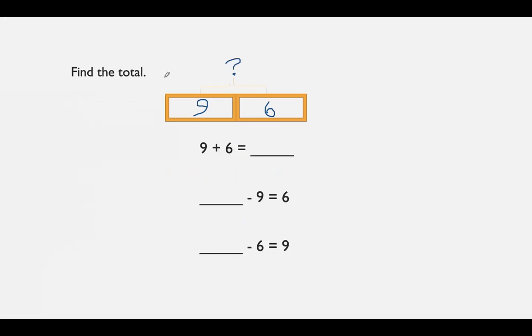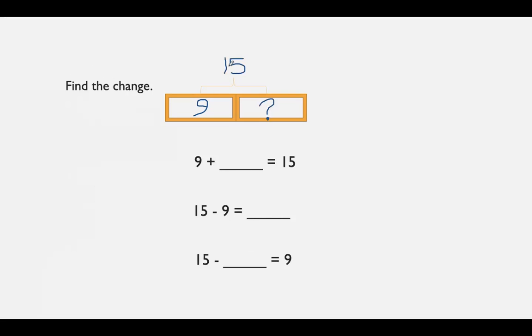So when we're finding the total, the question mark goes at the top, and we would write our equations such as this: 9 plus 6, or total minus 9 equals 6, or total minus 6 equals 9. When we're finding the change, we know the total goes at the top. Seth started with 9.